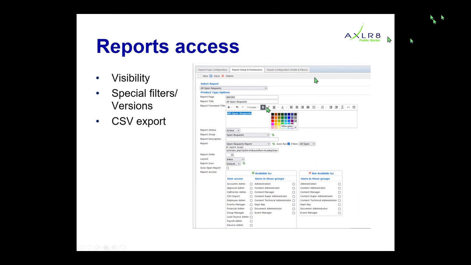So on a report, you can decide that somebody can't see the reports page at all, or you can say they can see the reports page, but you can withdraw the right to see certain reports. You can also, very importantly, stop people exporting CSVs. Allowing people to export CSVs from the system is something that should be rationed, because every time somebody exports a CSV, clearly it creates another data asset that you've got to check.